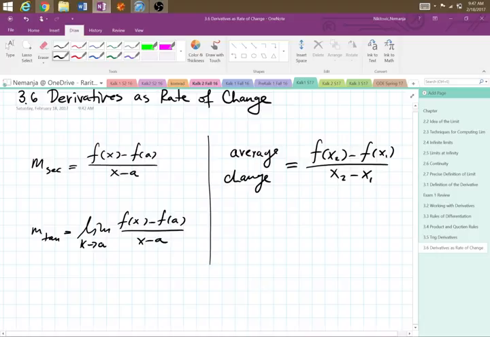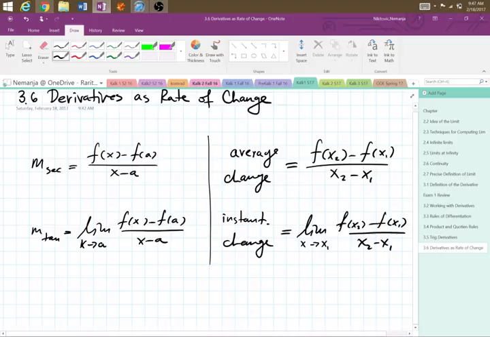And then we also have the instantaneous change, which is your derivative. And that one is the limit as x2 goes to x1 of (f(x2) - f(x1)) / (x2 - x1).